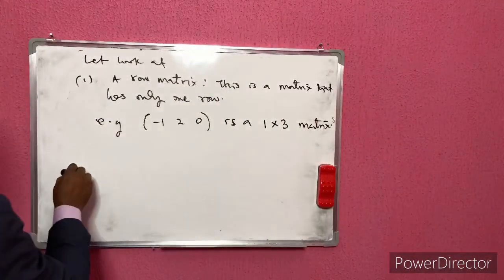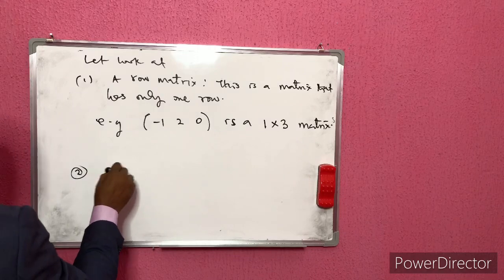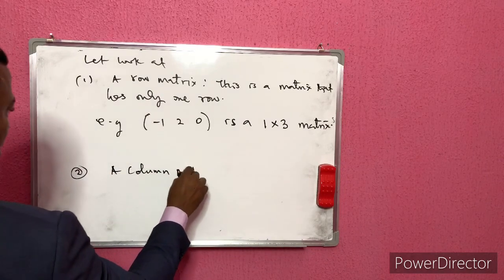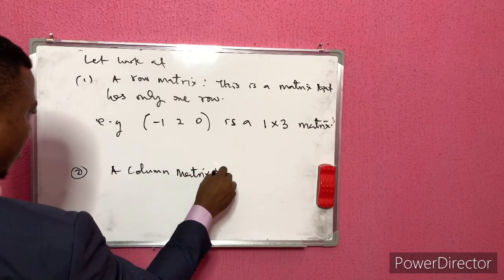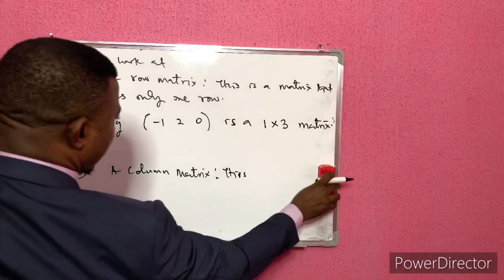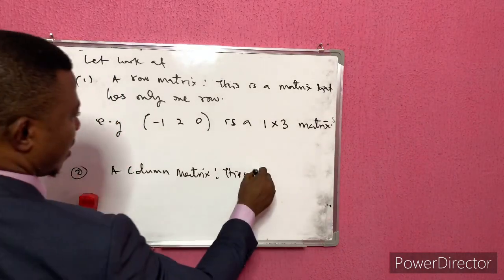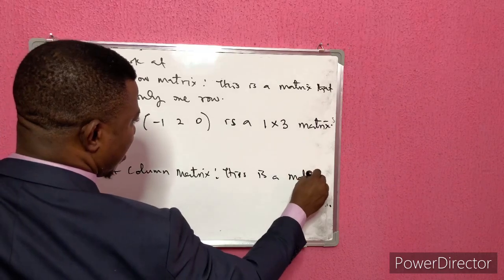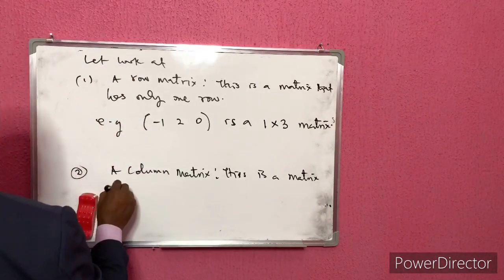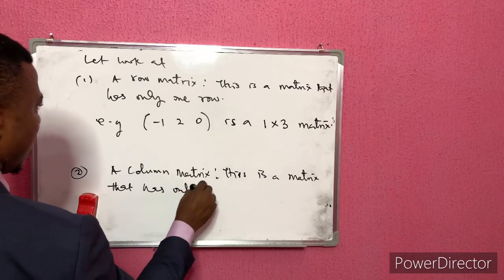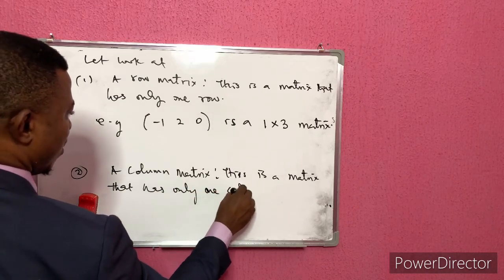Look at the column matrix. This is a matrix that has only one column.